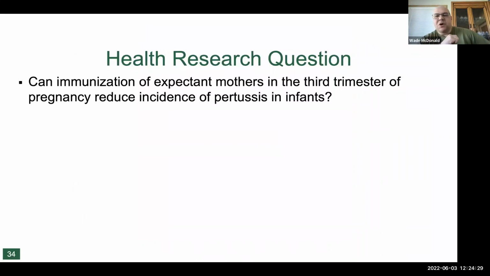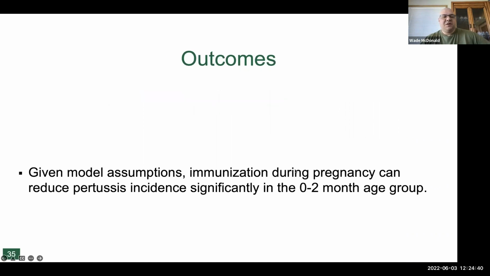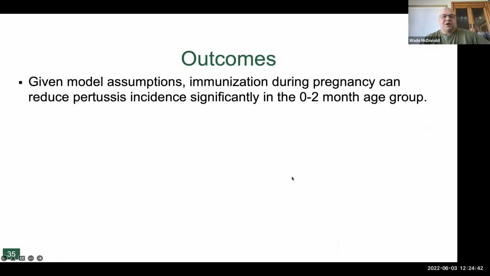Our health research question in building this model was, can immunization of expectant mothers in the third trimester of pregnancy reduce incidence of pertussis in infants? Given our model assumptions, immunization during pregnancy can reduce pertussis incidence significantly in the 0 to 2 month age group, which is the primary risk group for severe pertussis.